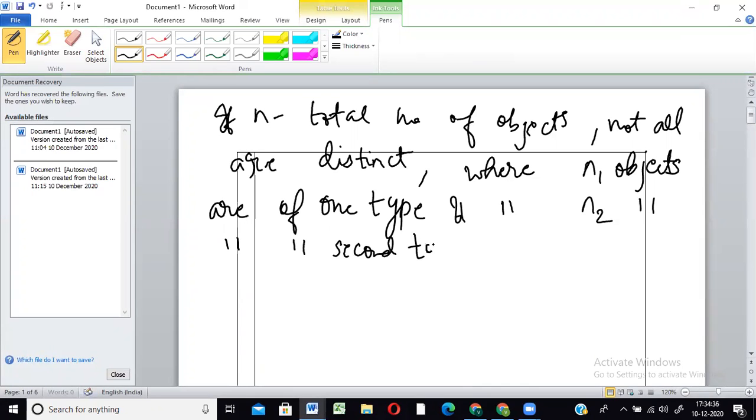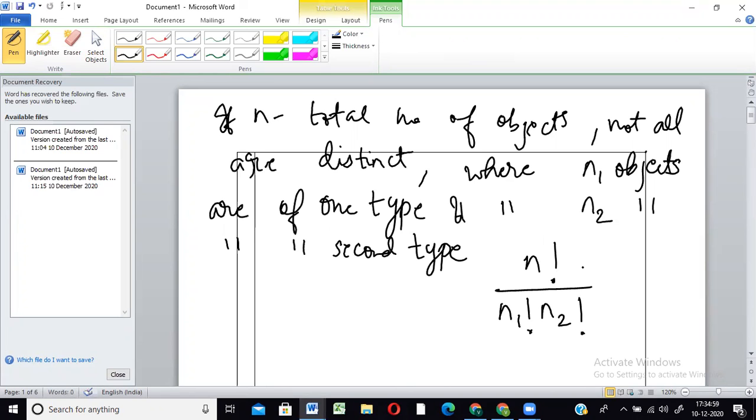That means the n1 objects are all identical, and the n2 objects are all identical. Then the number of permutations is given as n factorial upon n1 factorial into n2 factorial.